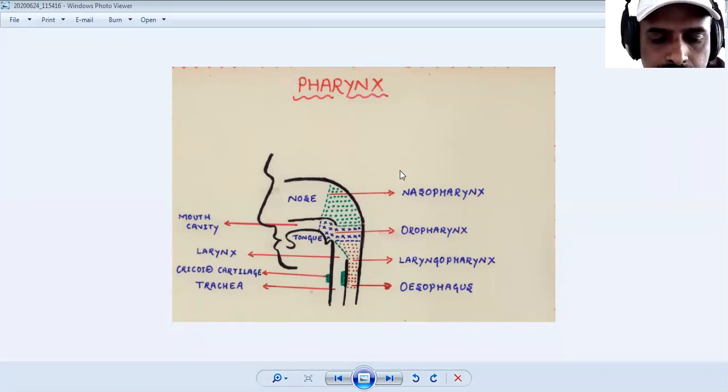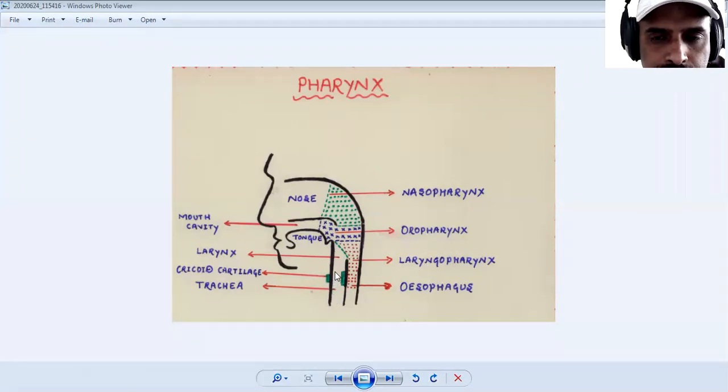The upper part of the pharynx transmits the air, because, as I have told in the definition and introduction, the pharynx is a wide muscular tube situated behind the nose, oral cavity and larynx.